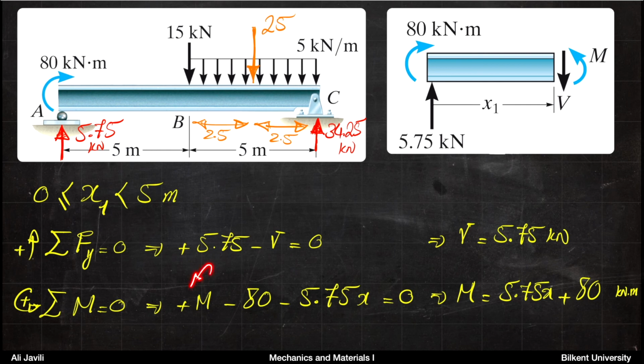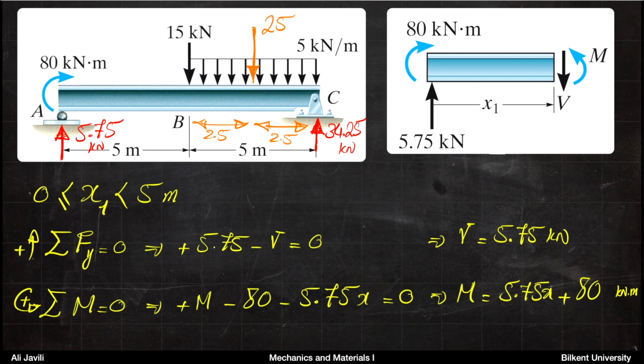So you get plus M, minus, again assuming that counterclockwise is positive, 5.75 times x, because at the distance x, the force 5.75 wants to cause a moment that is clockwise. So it comes with a minus, and this would give you your moment equation or moment distribution, and again, the unit is kilonewton meters.